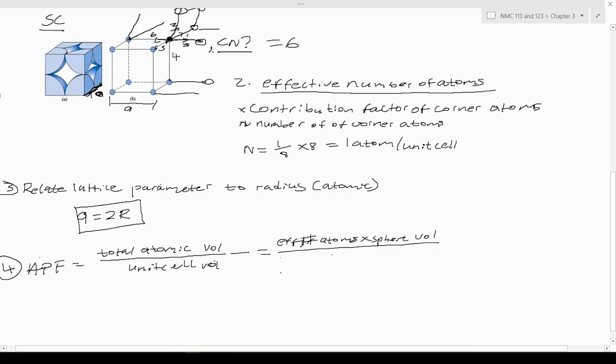And this is over the unit cell volume. So we have the effective number of atoms per unit cell. It's 1, right? It's 1 atom per unit cell.